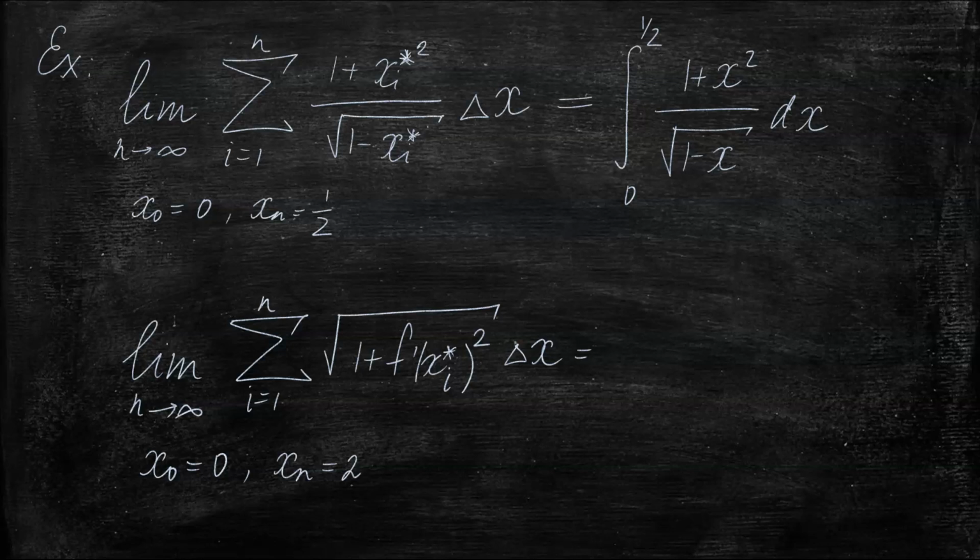Well, remember, the pattern is that whatever is between delta x and sigma is what we're going to integrate. So in this case, we would write that as an integral from 0 to 2 of square root of 1 plus f prime of x squared dx.